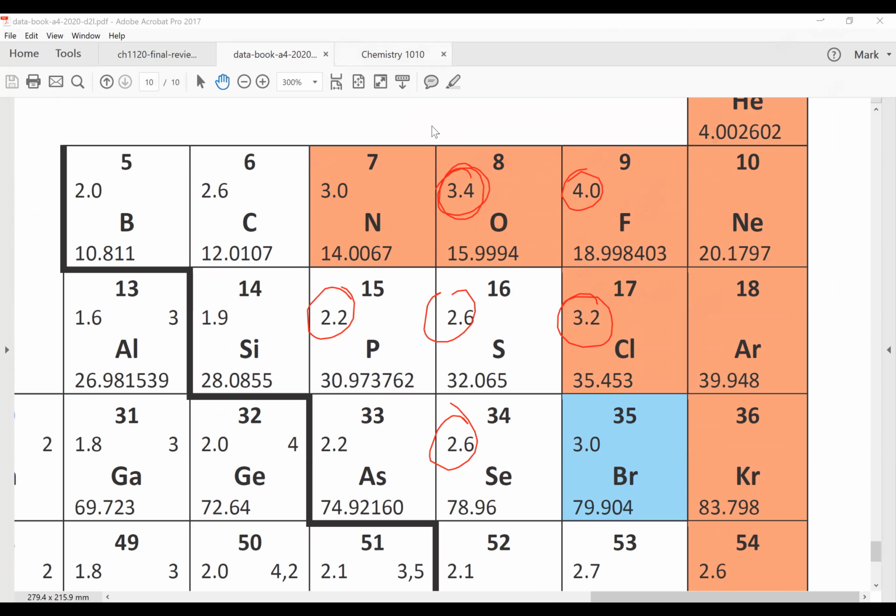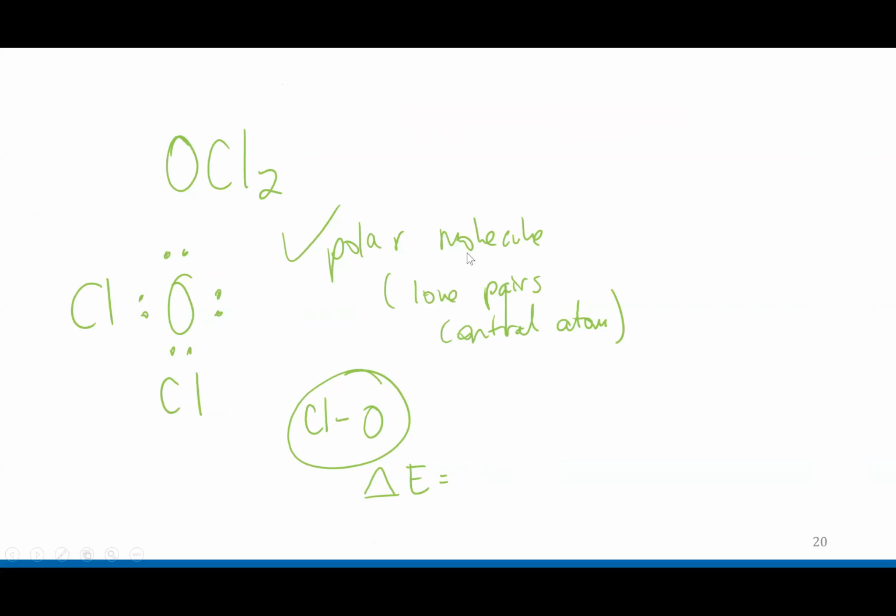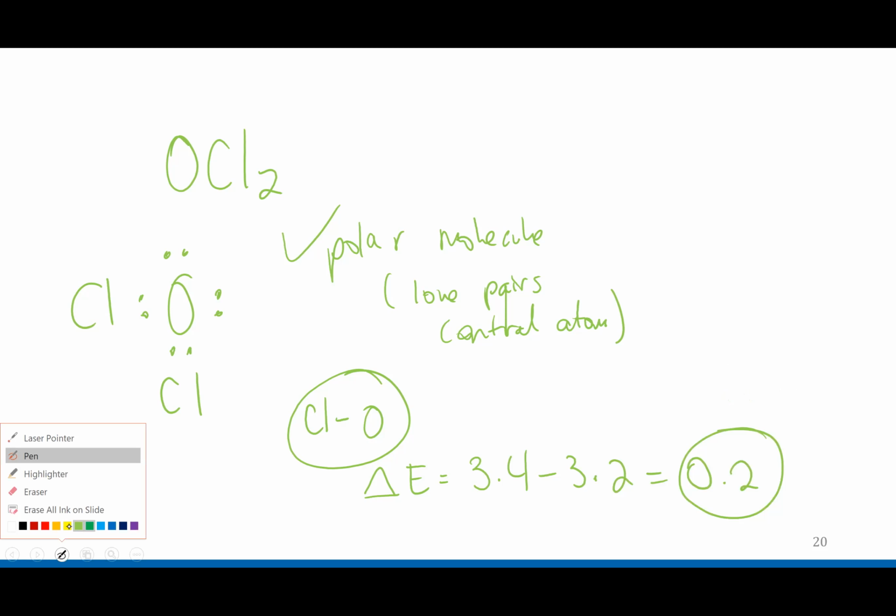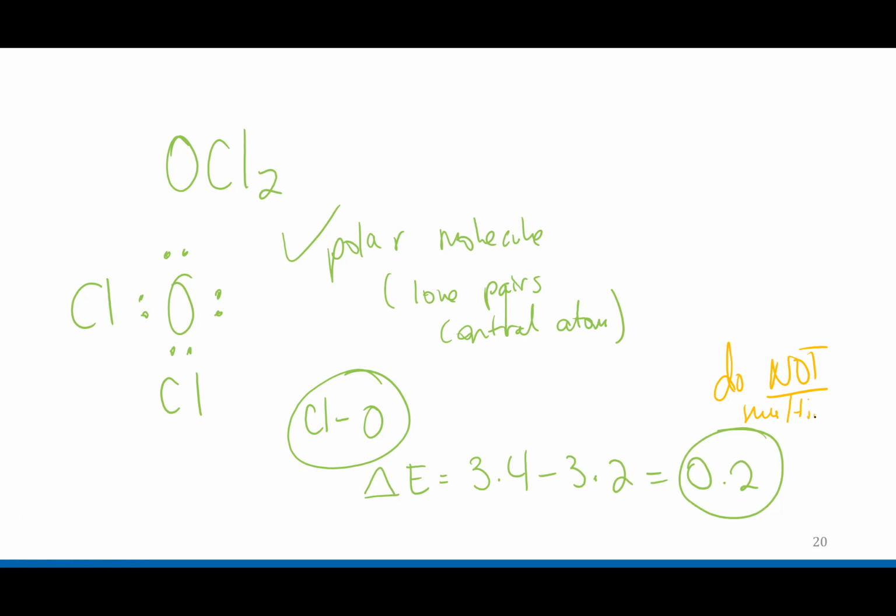So let's go back to my notes. That means I would take 3.4 minus 3.2. It would be 0.2. I do not multiply by 2.